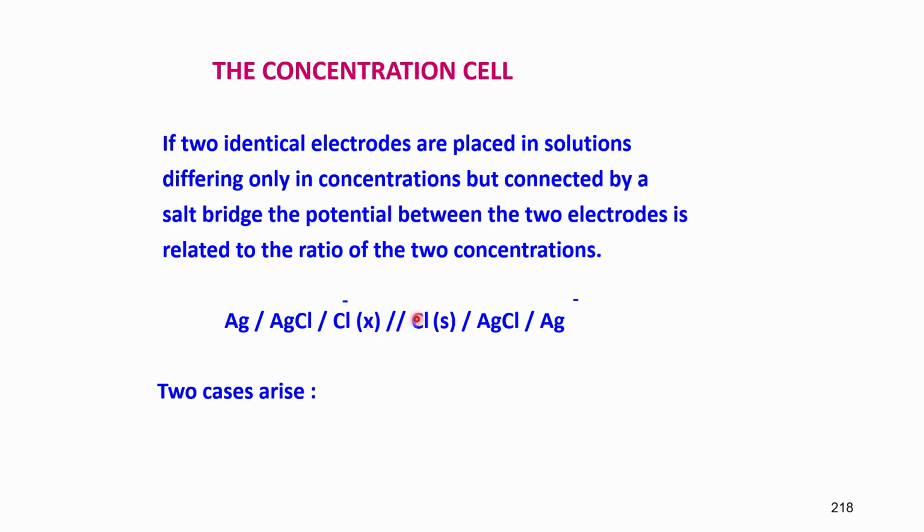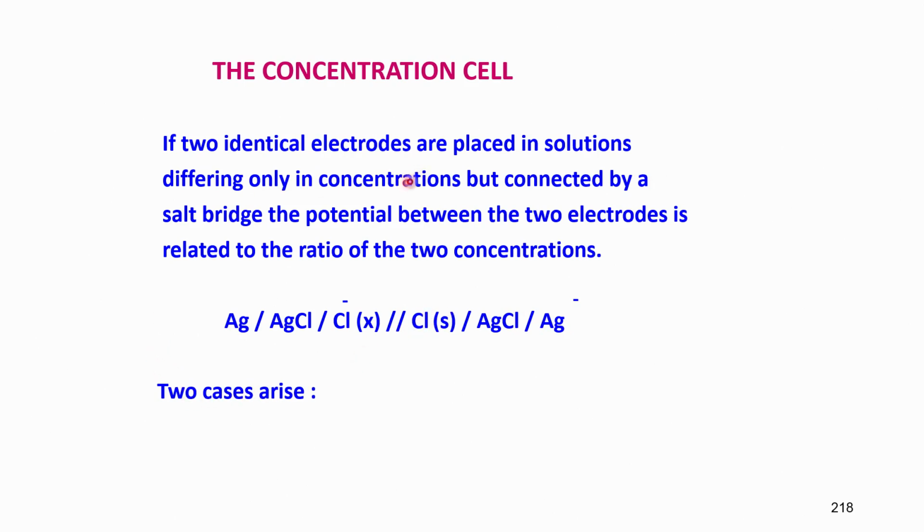Then I have a salt bridge dipping in the other beaker, in which the other part of the salt bridge is there. I have a chloride solution in contact with silver chloride and Ag plus. This concentration I know, S.